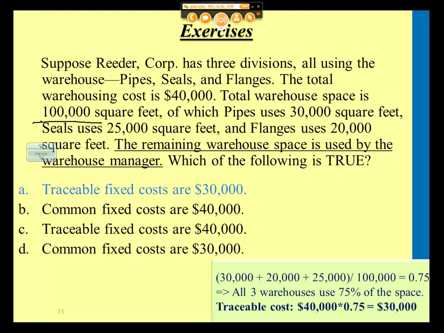I'll sum up all 3, divide by the total square footage, and get this 0.75. Then I'll multiply it by the 40,000 that the warehouse cost me, and that will give me this traceable amount of $30,000.